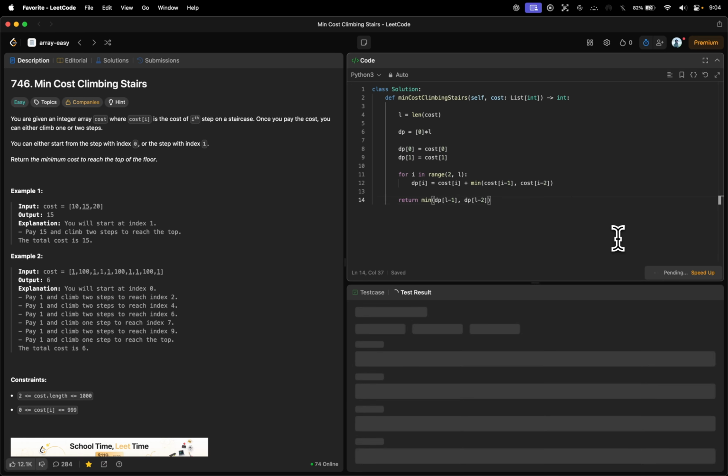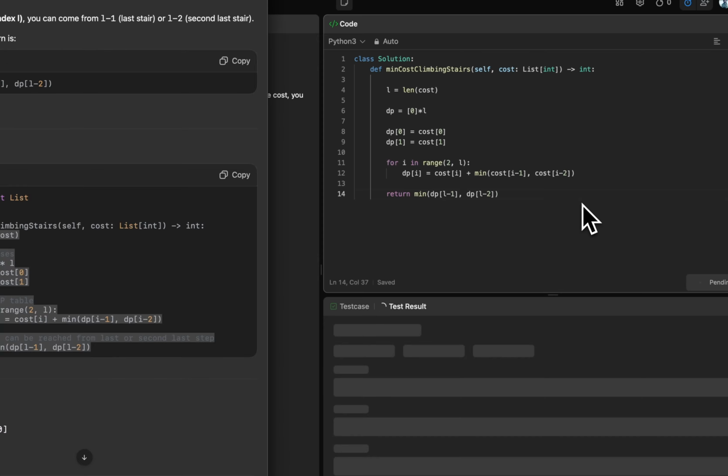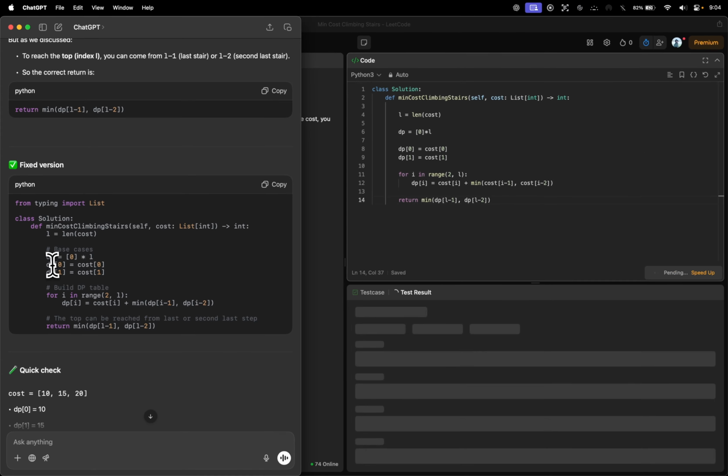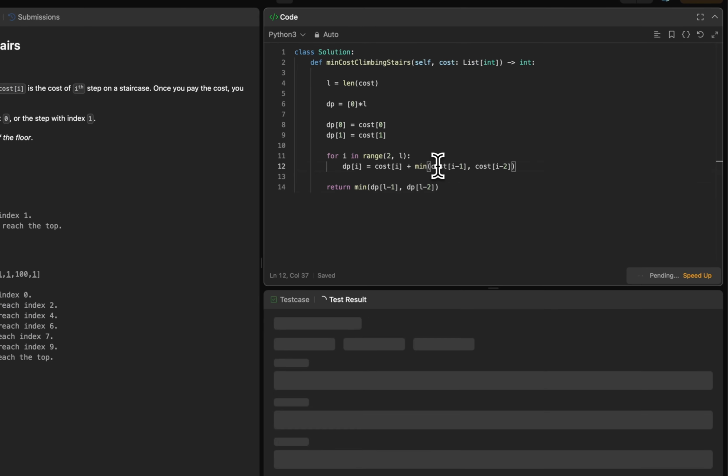Why is it taking so much time? L is 0 times L, dp of this cost for I in range 2 to L, dp cost I minimum dp. Oh, what the hell? This will be dp now.